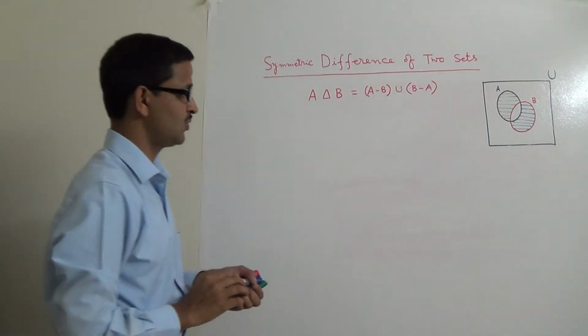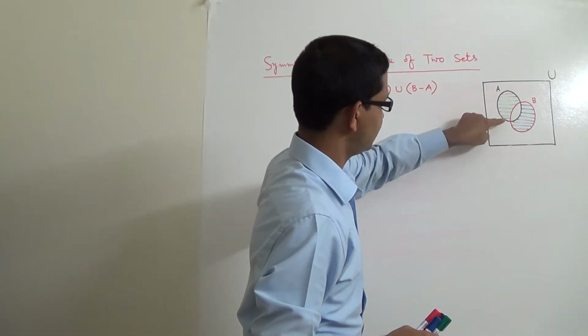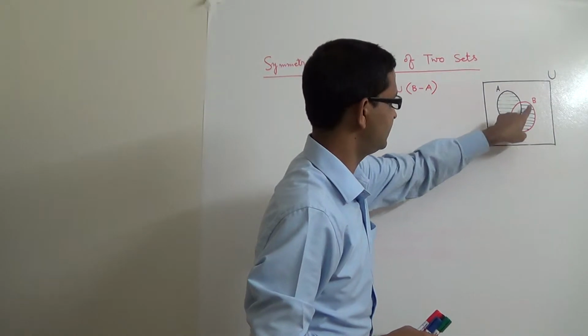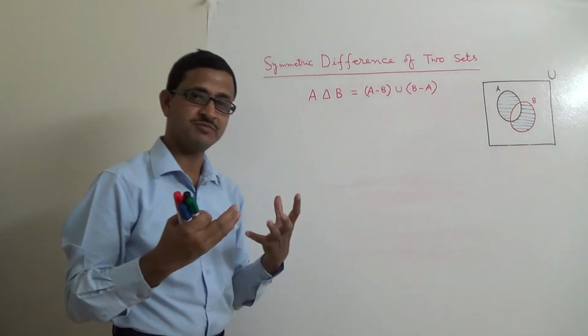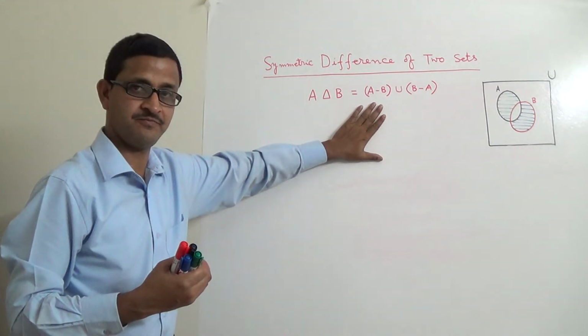So what we see is that the region covered by the green lines and the region covered by the blue lines, the union of these two is known as the symmetric difference.